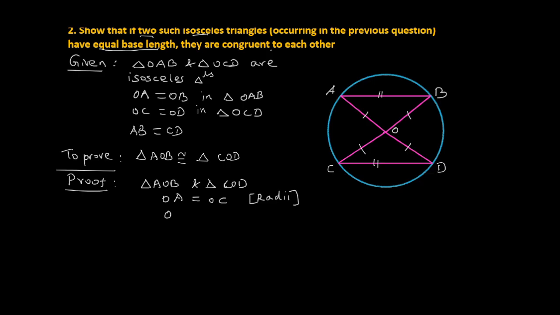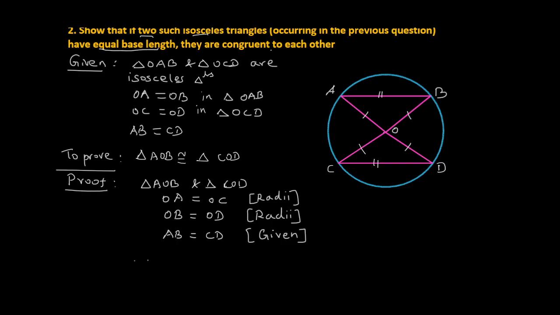And again OB is equal to OD. They are also radii of the circle. And AB is equal to CD. Why did we take AB equal to CD? Because this is the given condition. The bases are equal, it is given.